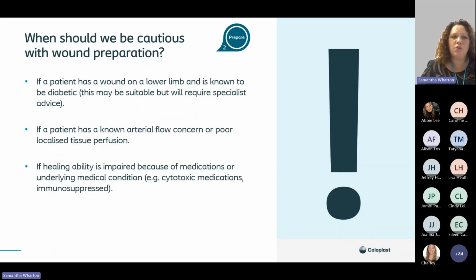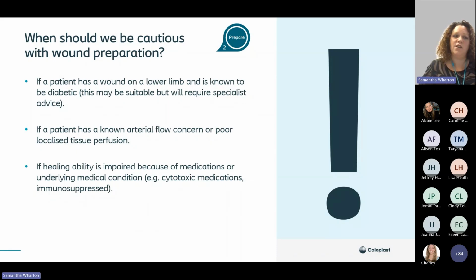There are times that we should be cautious with wound preparation. So if a patient has a wound on a lower limb and is known to be diabetic, then please discuss that with specialists. I mean, if they've got diabetes, they're more than likely going to be under podiatry, so be guided by them. And it's just to have some caution.